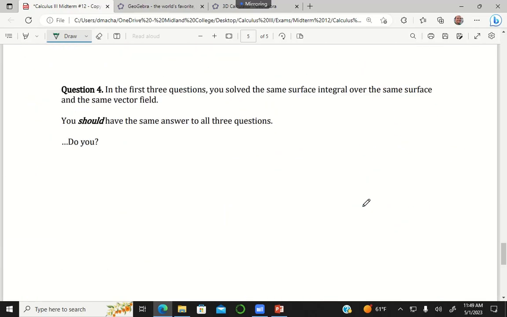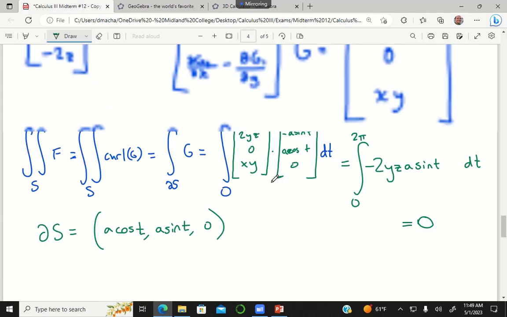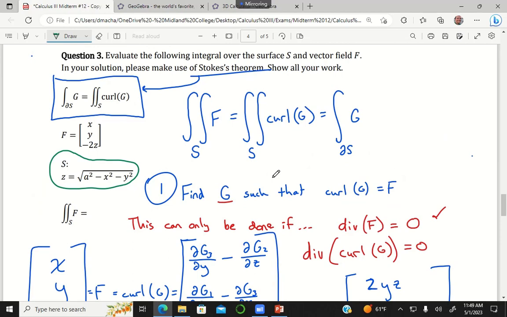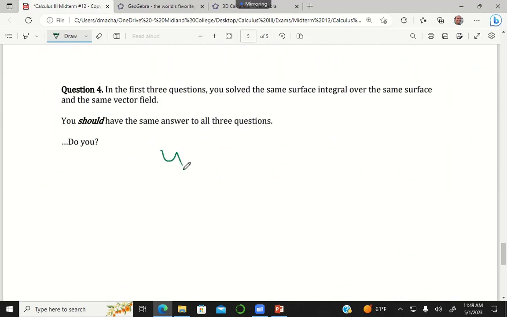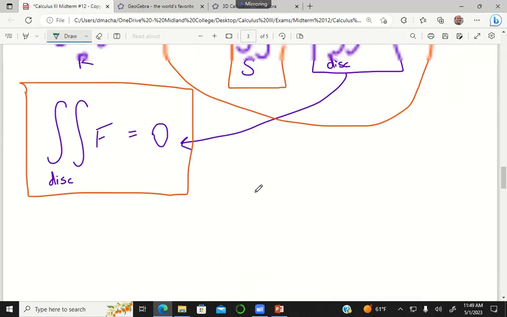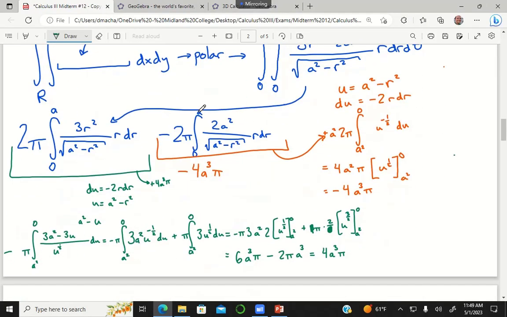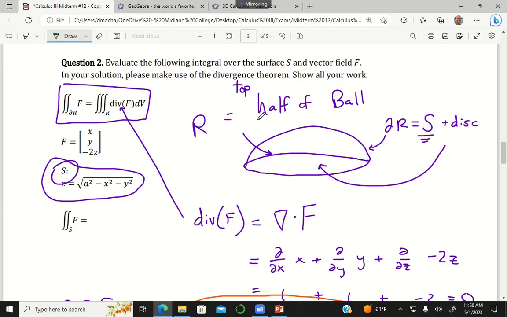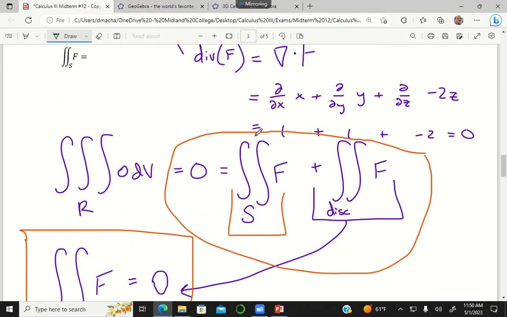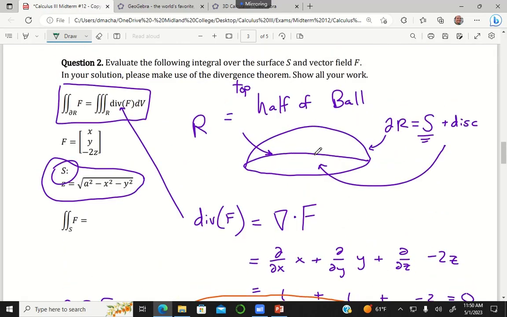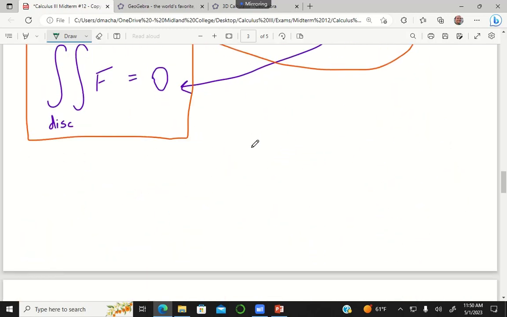Yeah, so then question number 4 just says, in the first 3 questions, you solved the same exact surface integral over the same surface in the same vector field. You should have the same answer to all 3 questions. And the answer is yeah. So that's good. Math should be consistent. We should have the case where whether we use the formula for actually evaluating the entire surface integral, the formulaic way, or we use the divergence theorem and we think carefully about the geometry and the consequences of the divergence theorem, and we of course have to think about the disk because we're thinking about the boundary of a whole 3D region, we got 0.